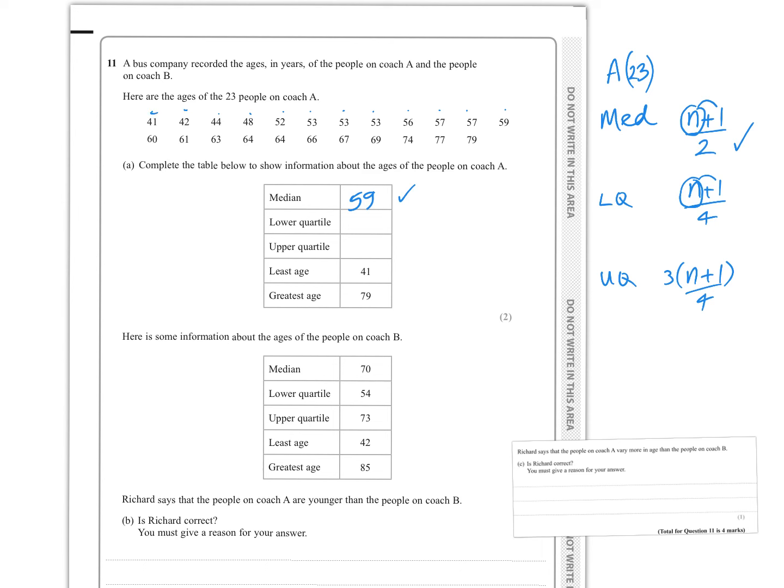So you'd have 1, 2, 3, 4, 5, 6. The upper quartile, n is 23, plus 1 is 24, divided by 4 is 6, and then times by 3, you would get 18. So we've got 1, 2, 3, 4, 5, 6, 7, 8, 9, 10, 11, 12, 13, 14, 15, 16, 17, 18.